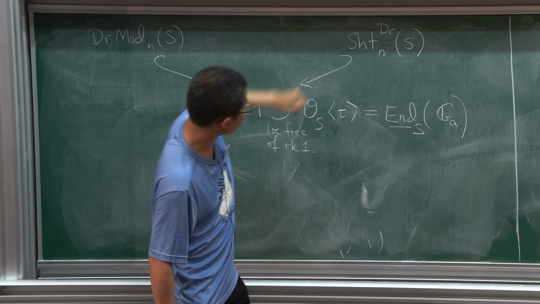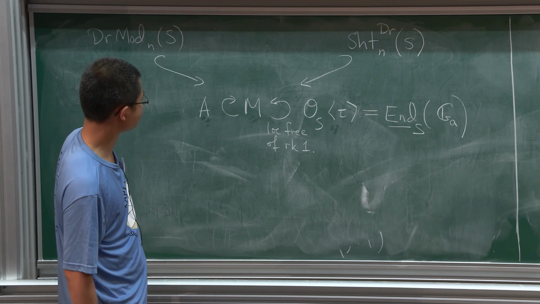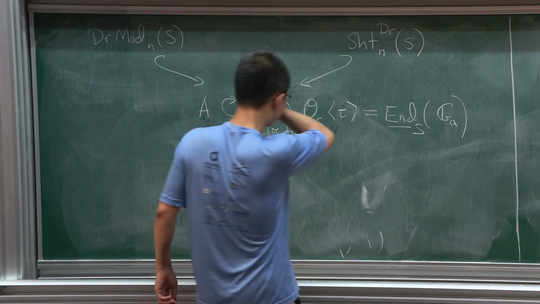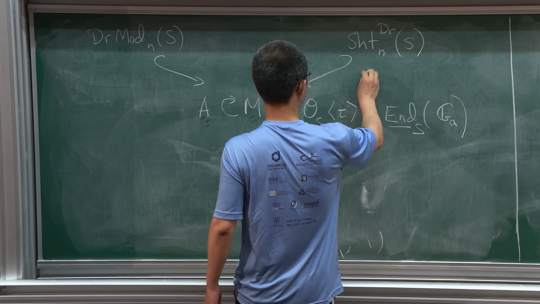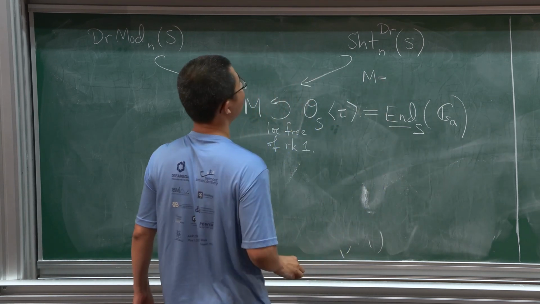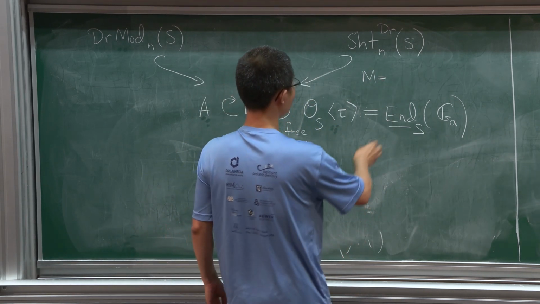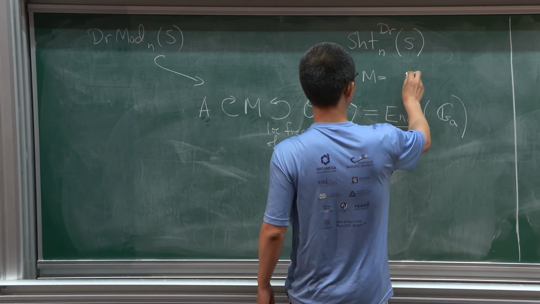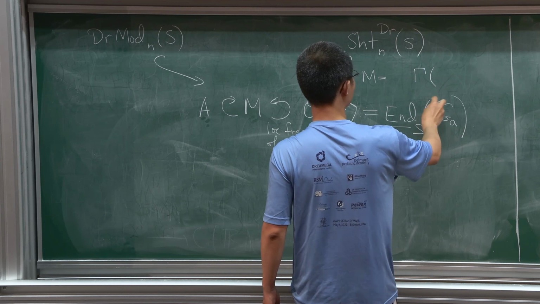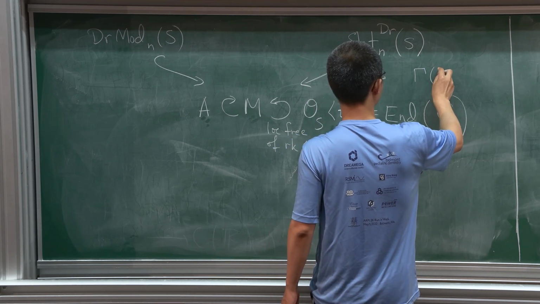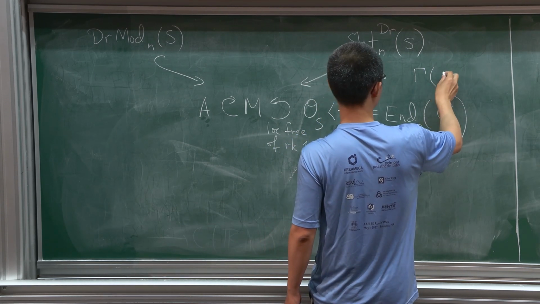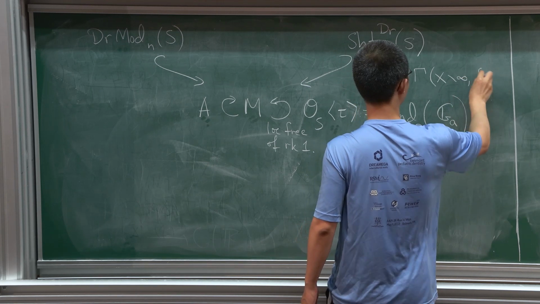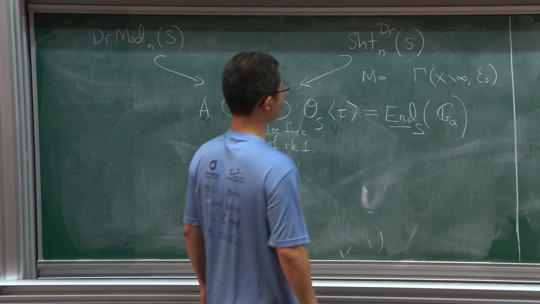This step is more interesting. How you get M is, starting from a Shtuka datum, you take global sections of just E0 on the punctured curve.